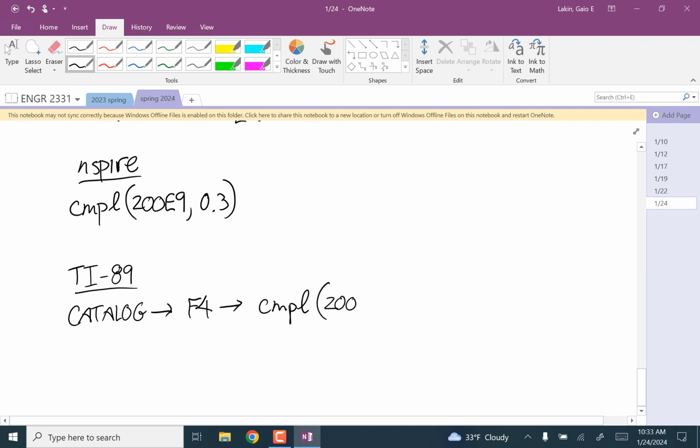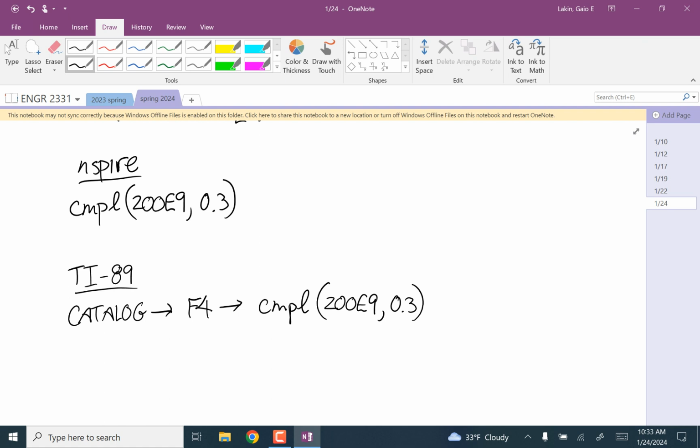So you can write this as 200 times 10 to the 9, comma, 0.3. Close the parentheses, hit enter, and it'll give you the matrix.